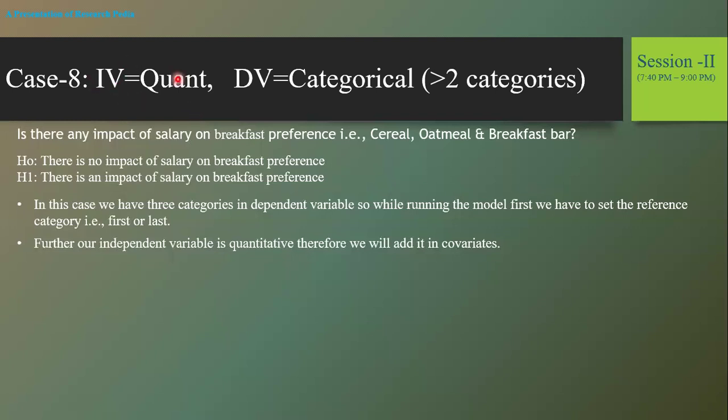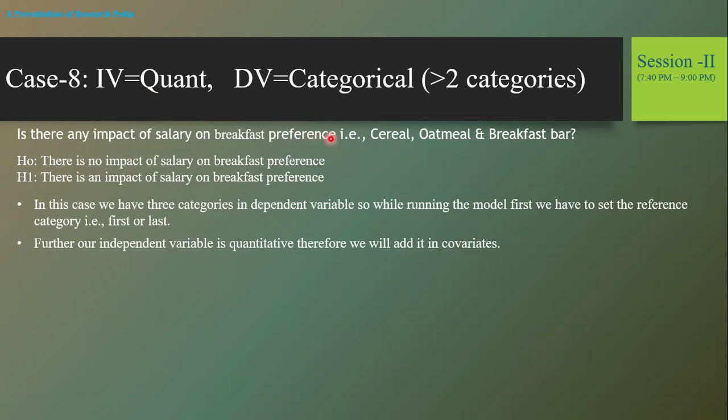So your independent variable in case number 8 is quantitative. Your dependent variable is categorical. So we are interested to know, is there any impact of salary on breakfast preference? Salary is basically the quantitative variable, while the breakfast preference, like you like to take cereal, oatmeal and breakfast bar, which type of breakfast preference do you have from these three?